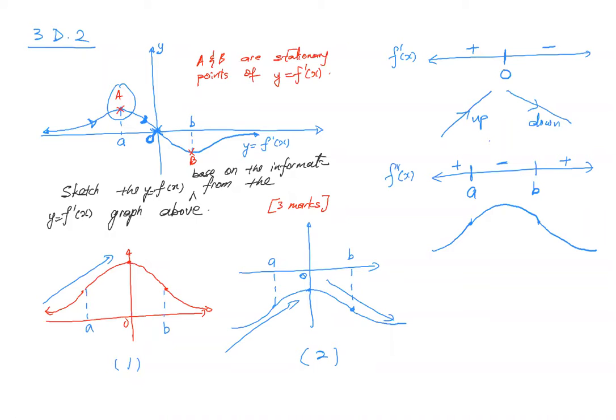Then you put it into here. That is how I sketch the graph. If you just look at the graph like that, you go crazy. So the position is not important, but the place where it changes shape is important, and where it turns is important.